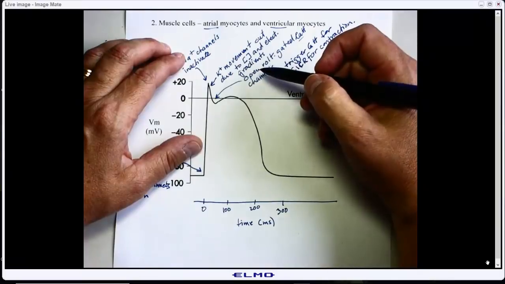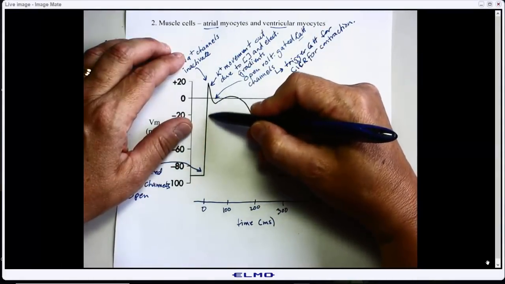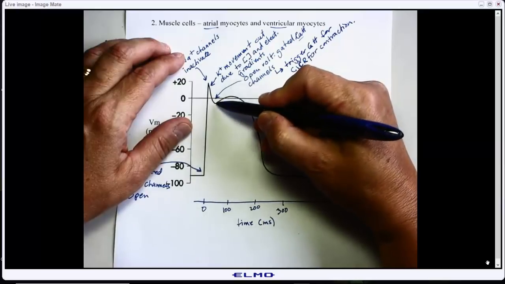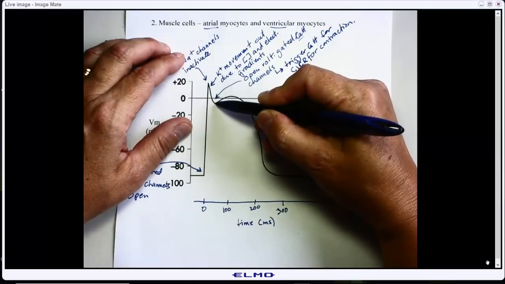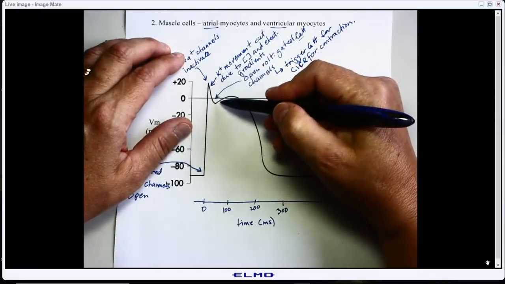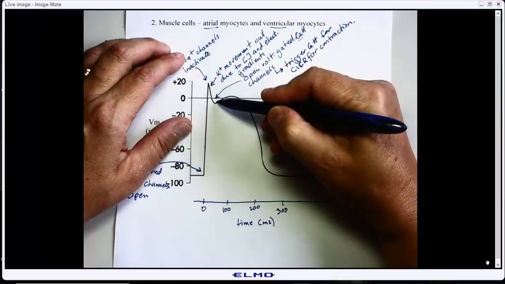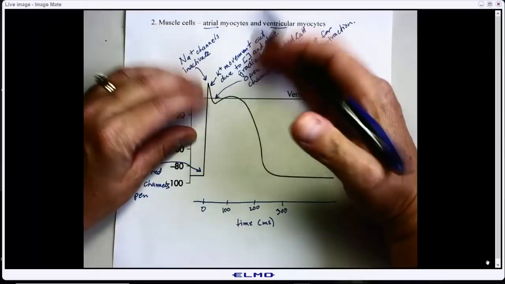Meanwhile, back at the membrane, we have a secondary depolarization due to that calcium coming in. And then we don't achieve a huge depolarization because potassium is moving out at the same time calcium is moving in. So you get this switching of the ions.